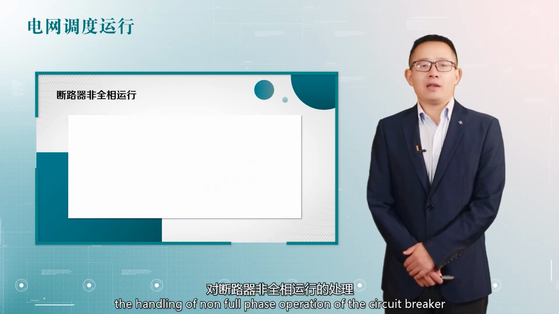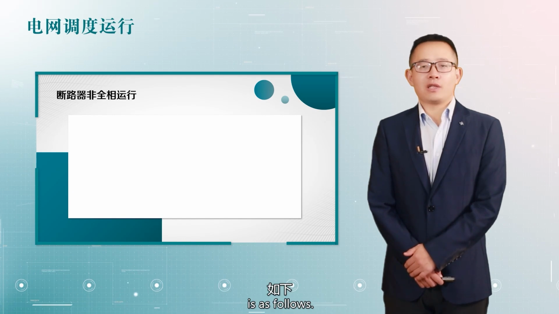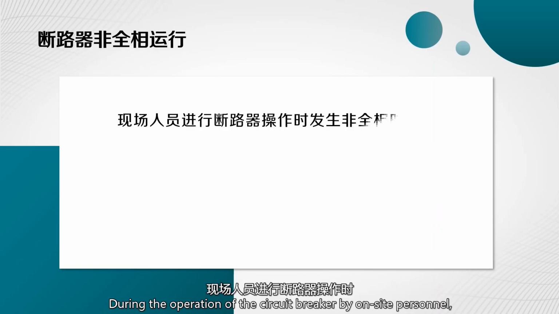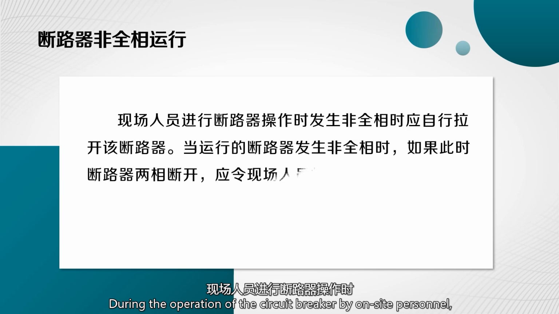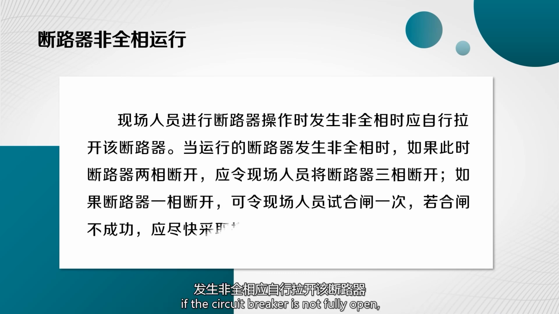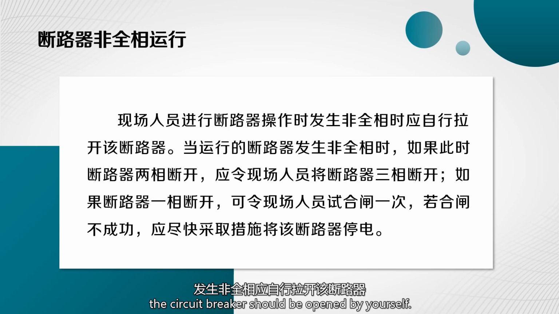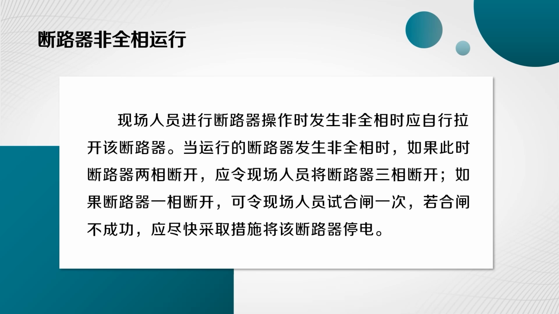Next, the handling of non-full phase operation of the circuit breaker is as follows. During the operation of the circuit breaker by on-site personnel, if the circuit breaker is not fully open, the circuit breaker should be opened by yourself.